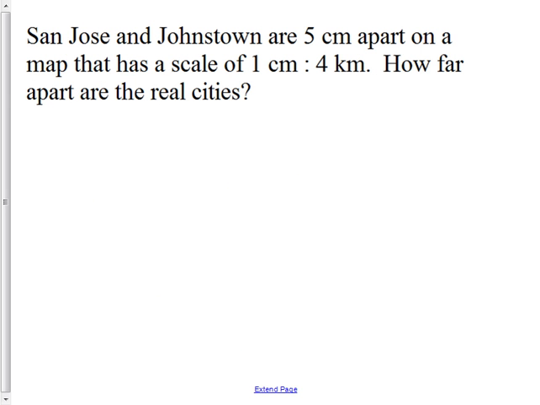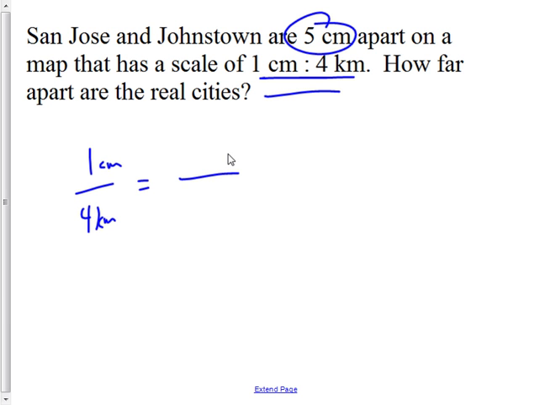All right, San Jose and Johnstown are 5 centimeters apart on the map. That has a scale of 1 centimeter is equal to 4 kilometers. So how far apart are the real cities? Well, I'm going to put 1 centimeter and 4 kilometers. And so obviously I'm going to put centimeters on the top and kilometers on the bottom.